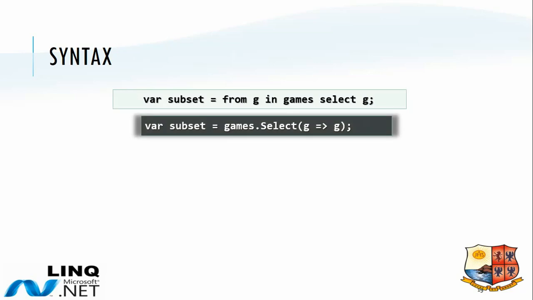The same thing I can write as a lambda expression. The first syntax you see is called query syntax. The second syntax you see is called method syntax. Sometimes it's called method extension syntax, or fluent syntax. For those who have seen jQuery, we have something called chaining of methods.